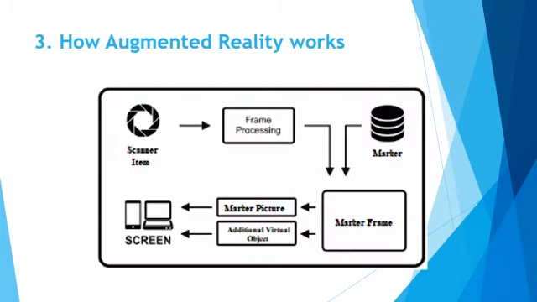How does augmented reality work? The way augmented reality works is based on image detection. And the image used is a marker. For the working principle, the item scanner, which has been calibrated with a virtual technology device, will detect an existing marker.